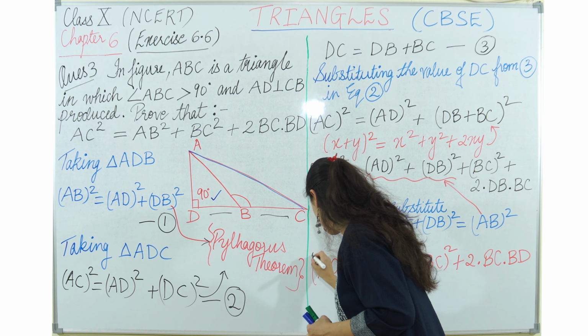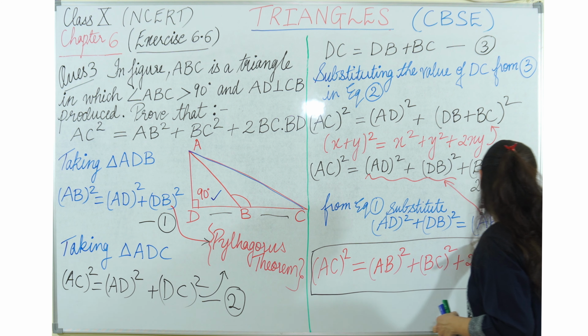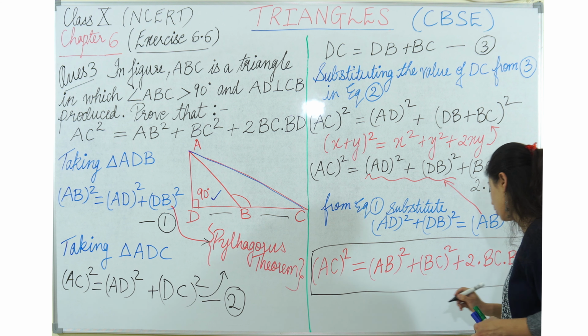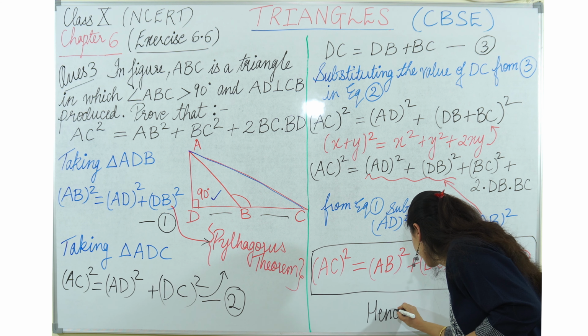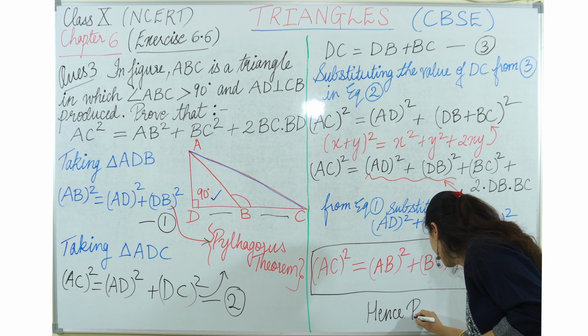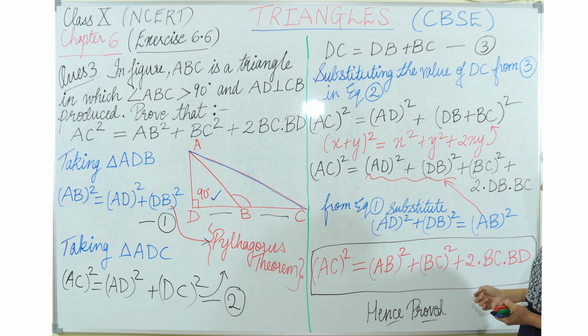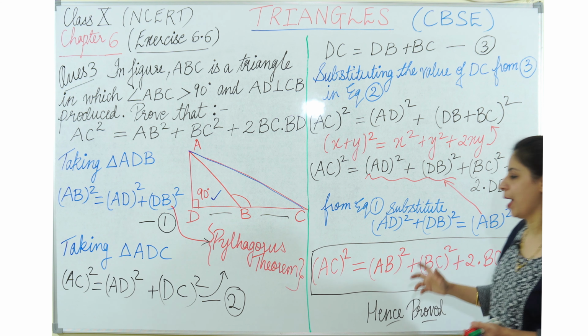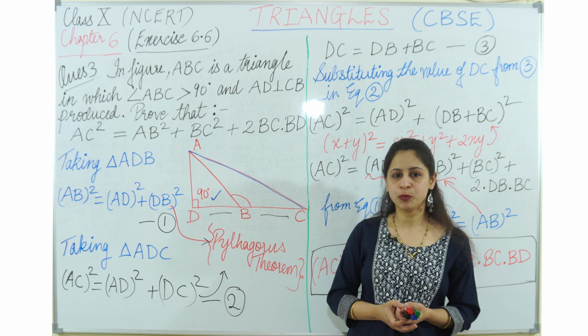So here we are done with our proving. Let us write down hence proved. In this manner, we just applied the concept of the Pythagoras theorem and proved the expression.